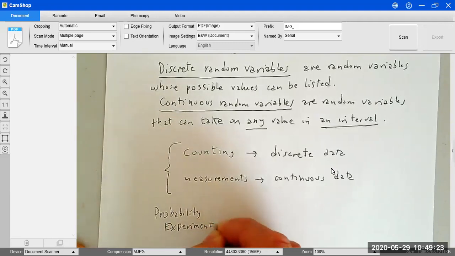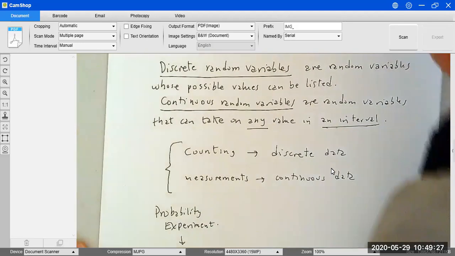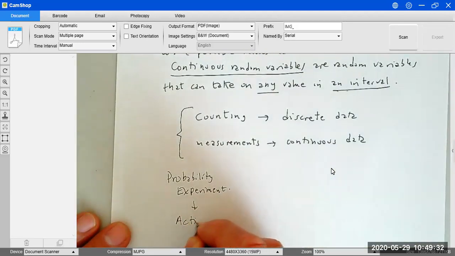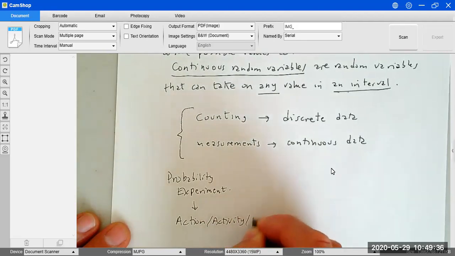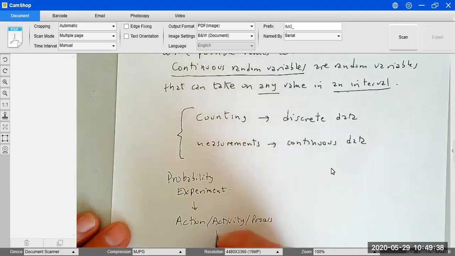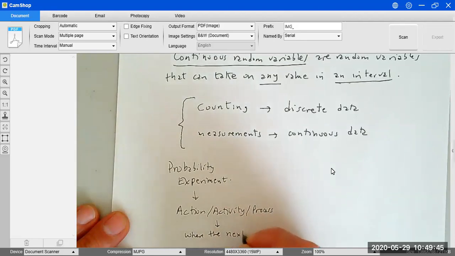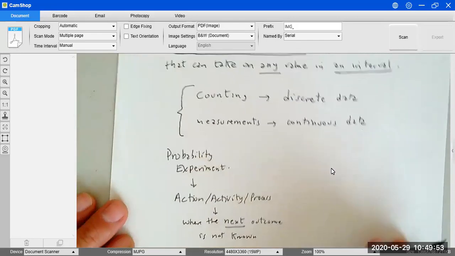And you know, a probability experiment is any activity, action, or process where the next outcome is not known. That is a probability experiment.